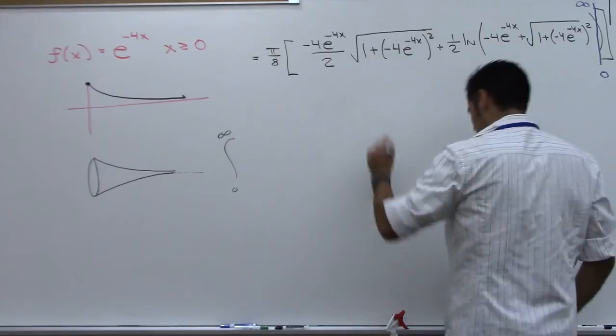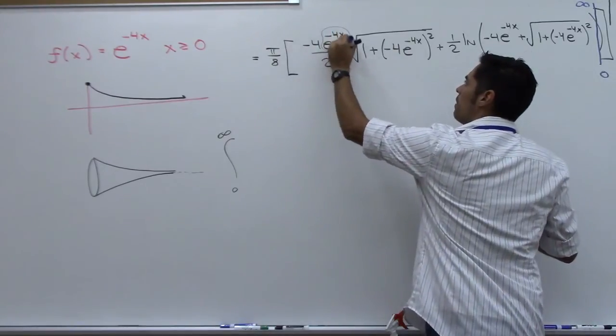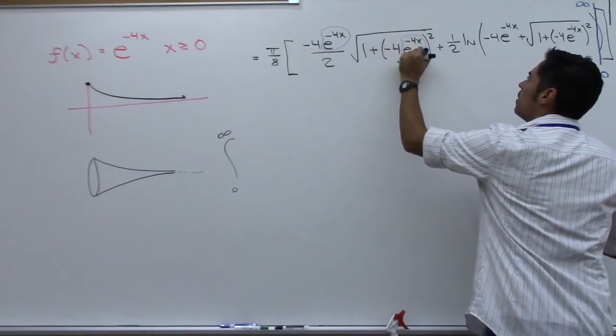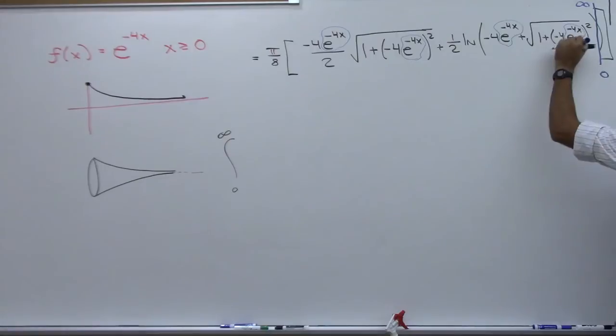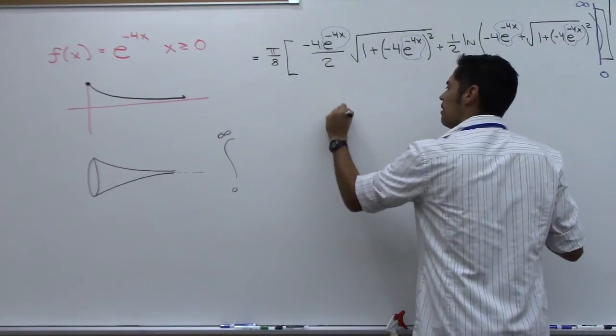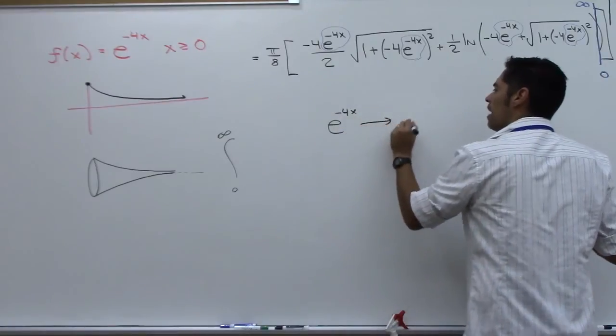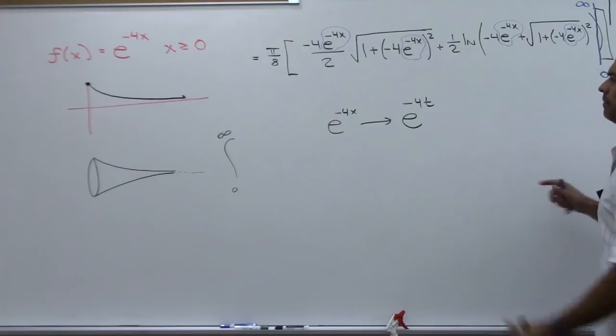So let me just look at this. There's one particular part in here that appears many times, right? Here it is, here it is, here it is, and here it is, right here. So what would happen if I take that, e to the negative 4x, I replace x with t, and then I let t go to infinity?